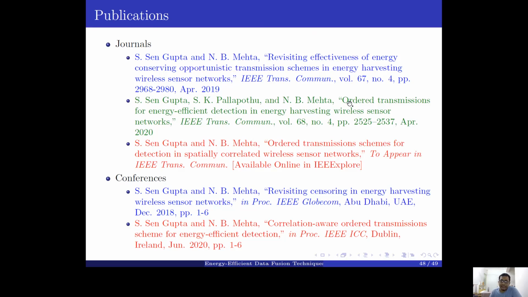The second journal paper deals with order transmissions for detection in energy harvesting wireless sensor networks. It has more results and several new insights. The red ones denote the publications corresponding to the study of order transmission schemes for spatial correlation, and they both contain much more results and much more insights.